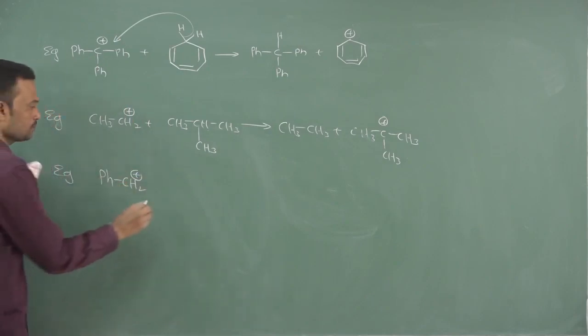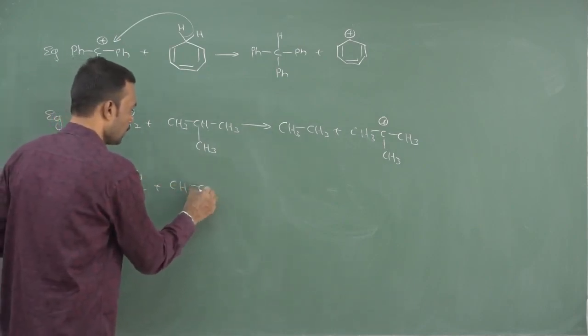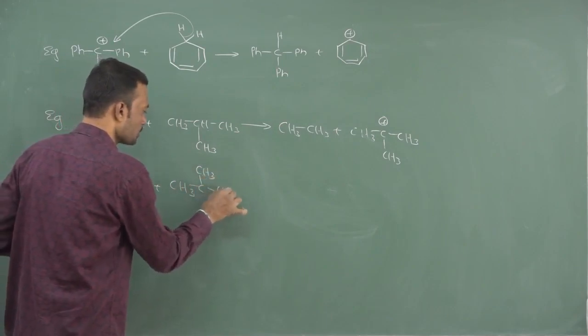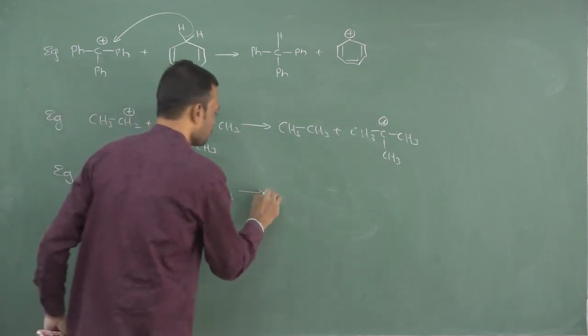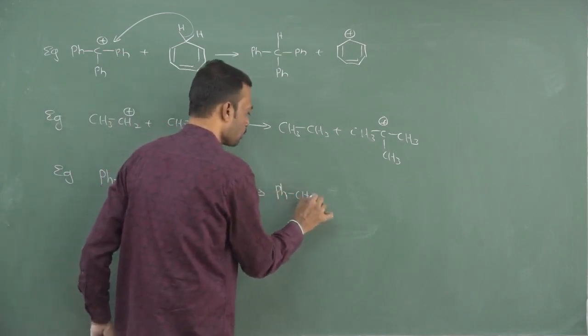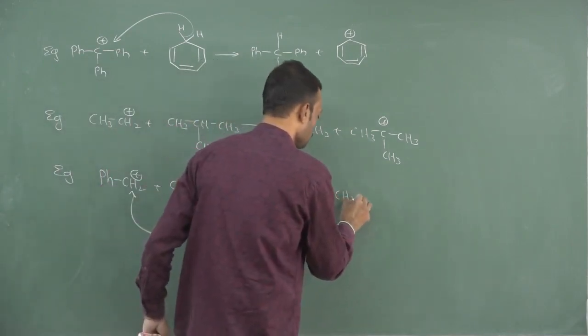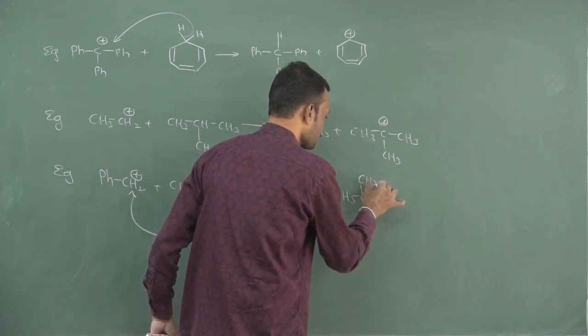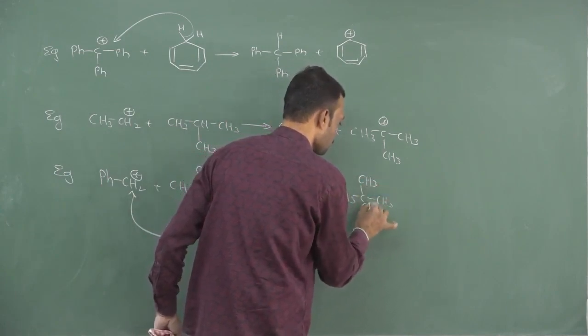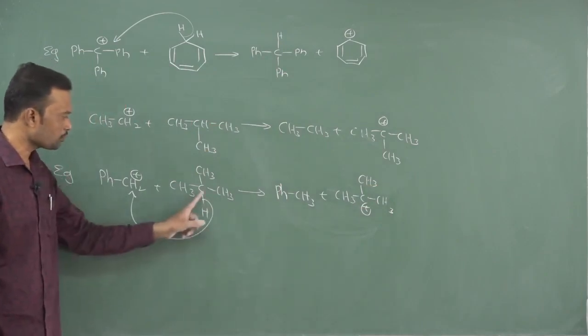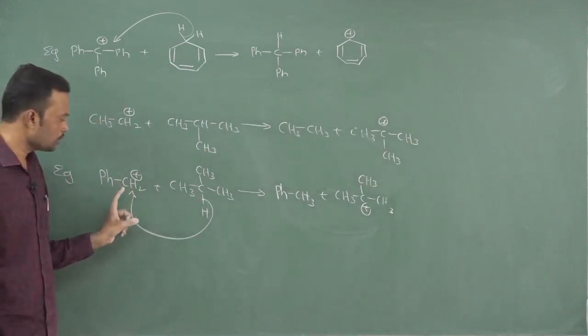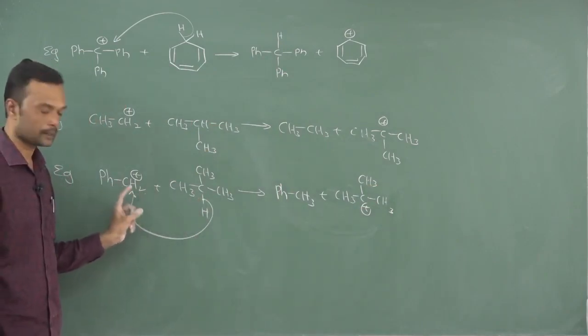Okay. Suppose, see, this is one more example I will give. CH2 plus, then C, I am using a tertiary carbon. Suppose this hydrogen migrates from here to here, then what happens? You may get a hydrocarbon. Now, you will get a carbocation like this. If you observe this clearly, this hydrogen migrating from this carbon to this one, the initially used carbocation is the reactant.